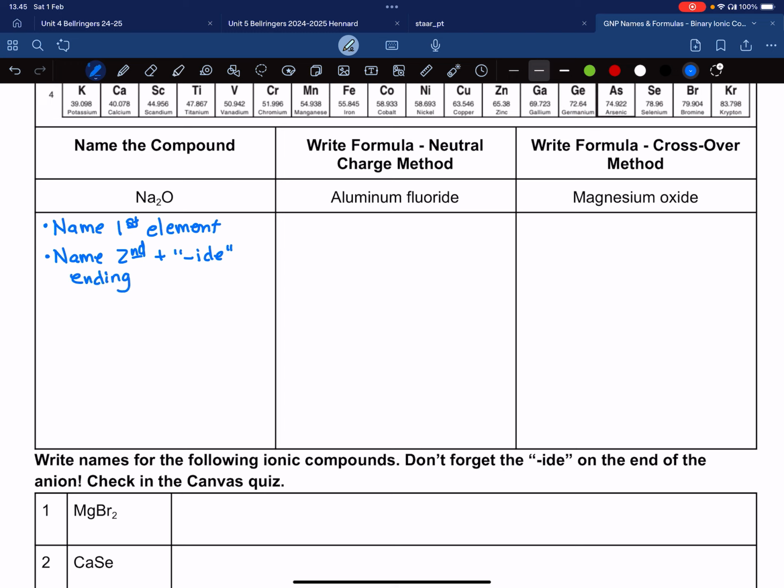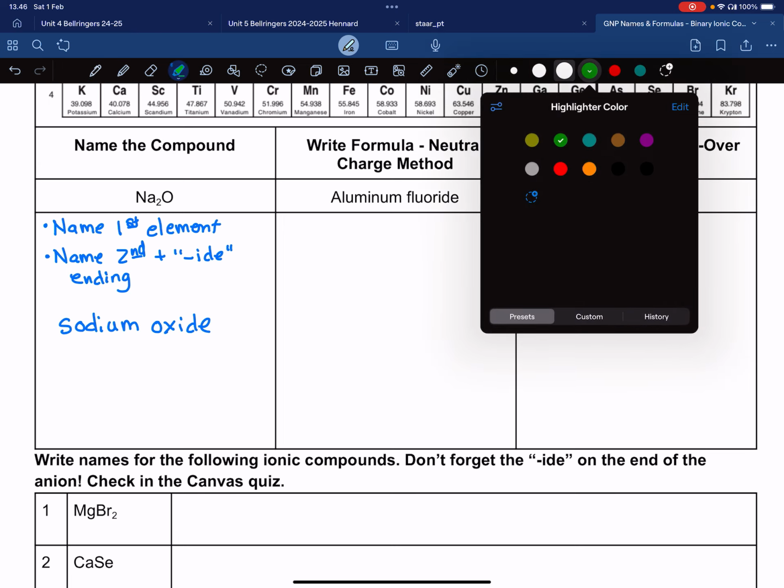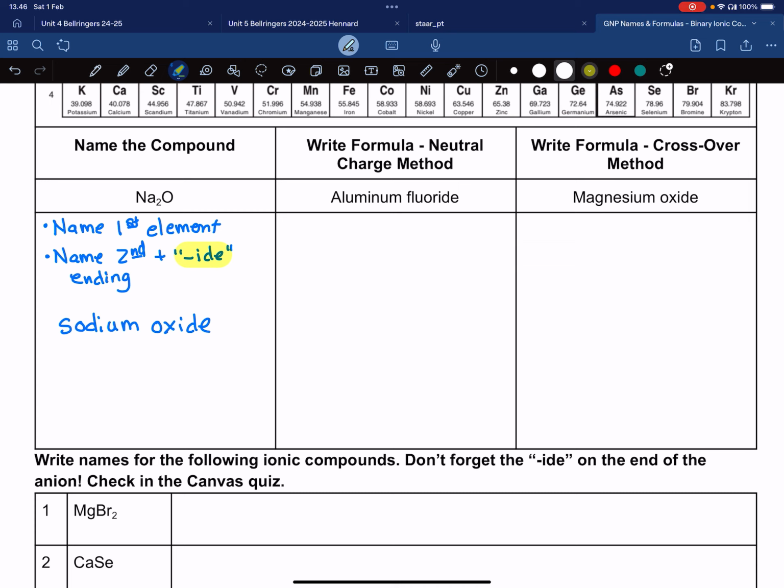So, Na is sodium, O is oxygen, that is oxide. So you have to have the ide ending. So sodium oxide. Those are pretty simple.